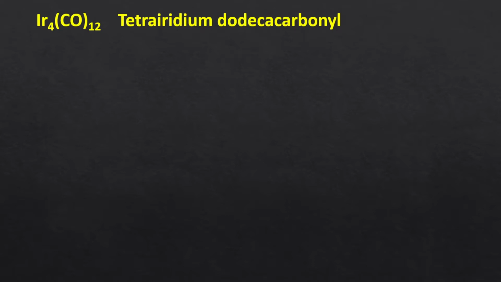In the tetra-iridium dodecacarbonyl complex, there are 4 iridium atoms, so the number of electrons involved in 6 metal-metal bonds will be 12.